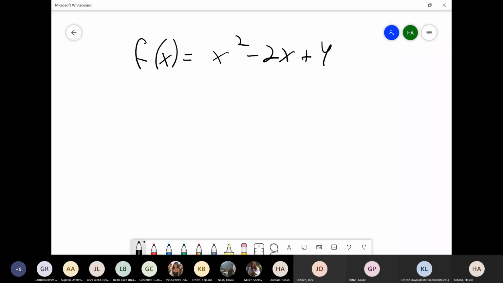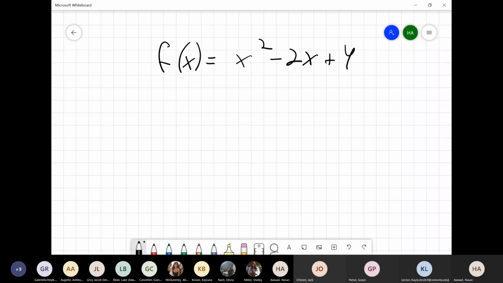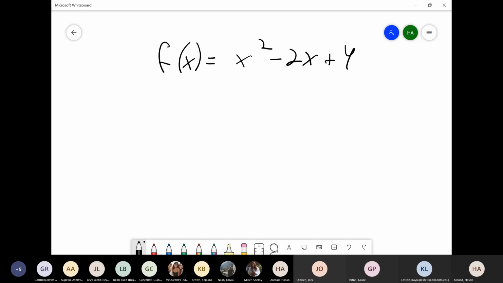Okay, let me call on somebody here for this. Let's see, Jacob, if you can help me out. What do you think the graph is going to open, upwards or downwards? Actually, before you even answer that, tell me, what is it based off of? Opening upwards or downwards?